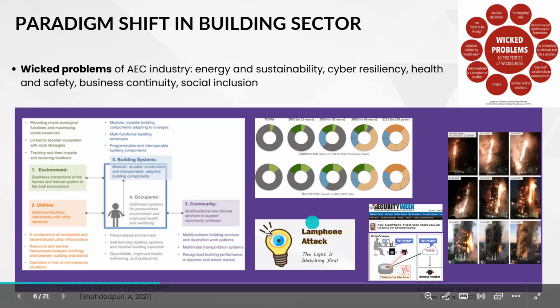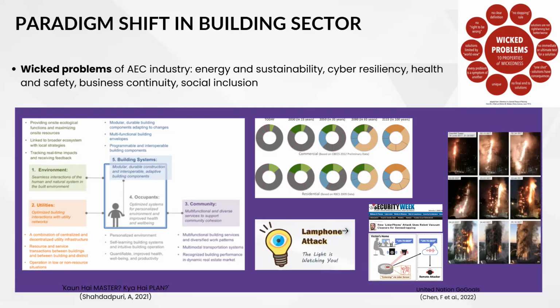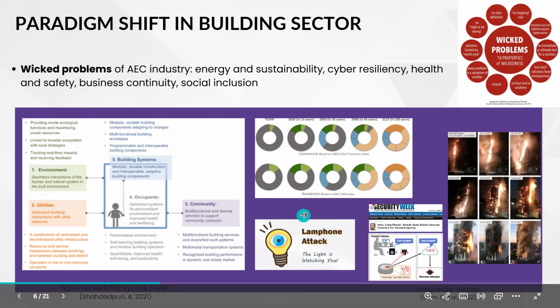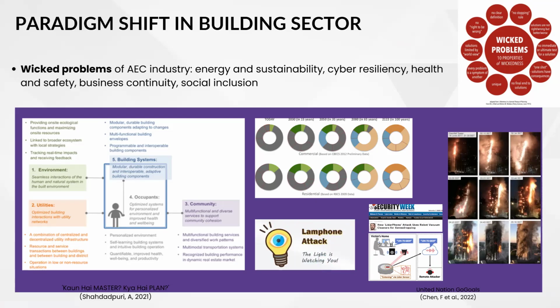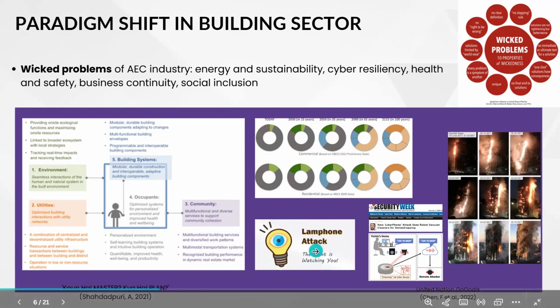So that's one example, and there are a couple of other examples of how tech and non-tech come together. Contemporary architecture largely uses glazed facades, and what sort of risks can a glass building attract? Here are some examples.